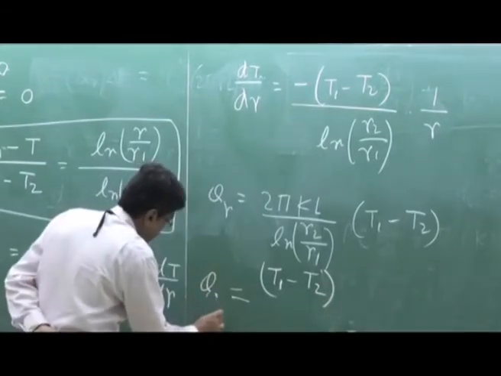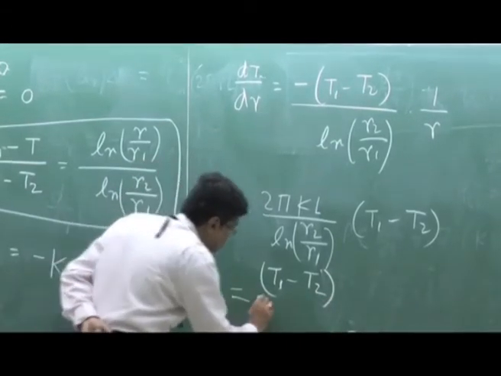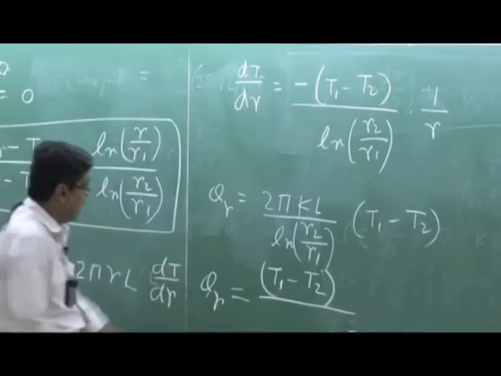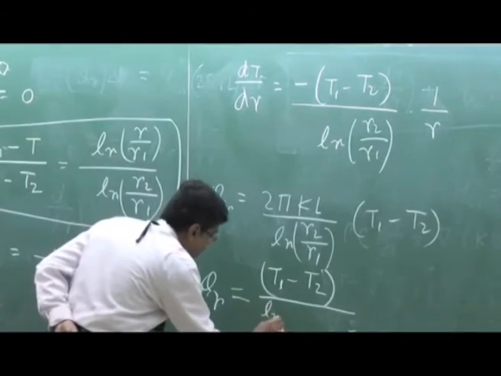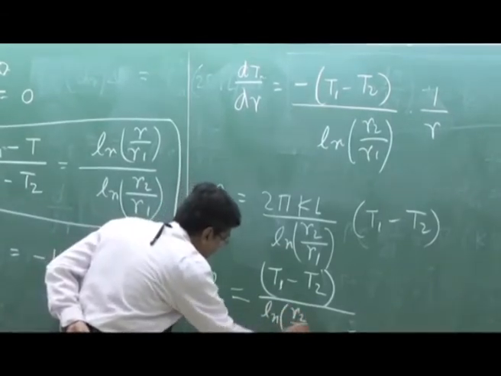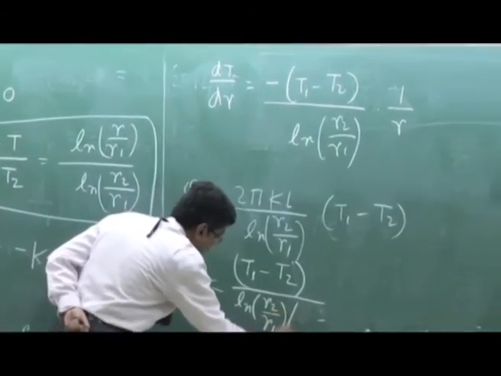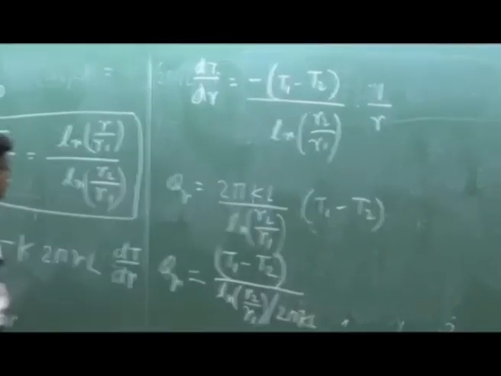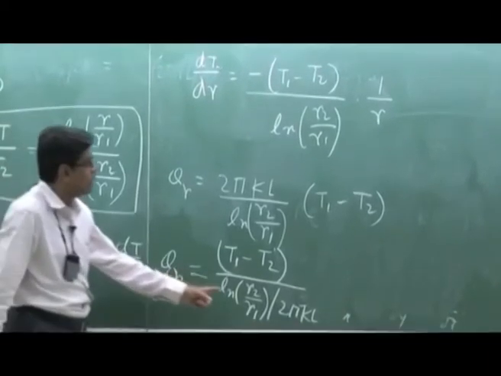Q_r divided by ln r2 by r1 divided by 2 pi k L. And this acts as the conduction resistance.